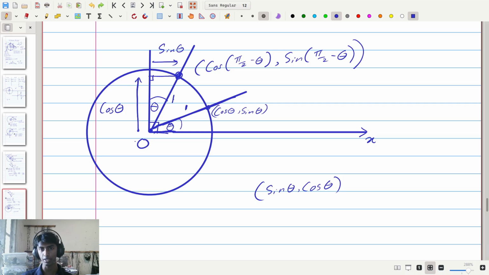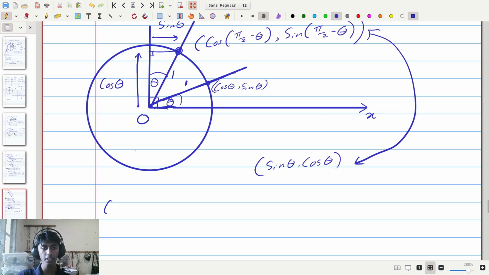sine theta, cos theta. Therefore, if these two points are equivalent to each other, then we can say that cosine of pi by 2 minus theta is equal to, and this side we have sine theta. So that means that cosine of pi by 2 minus theta is equal to sine theta.